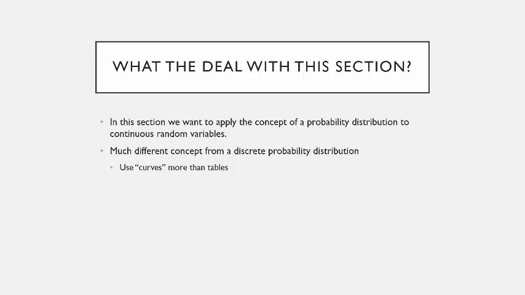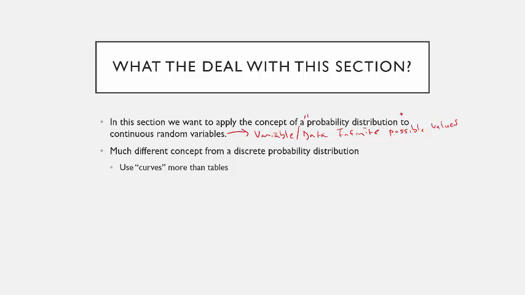So what's going on in this section? We want to apply the concept of the probability distribution that we learned about for discrete random variables to continuous random variables. Remember, a continuous random variable is a variable or data that has infinite possible values.